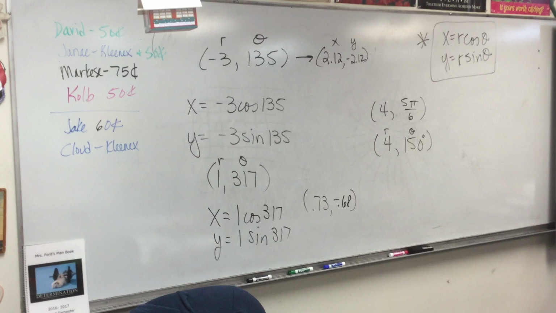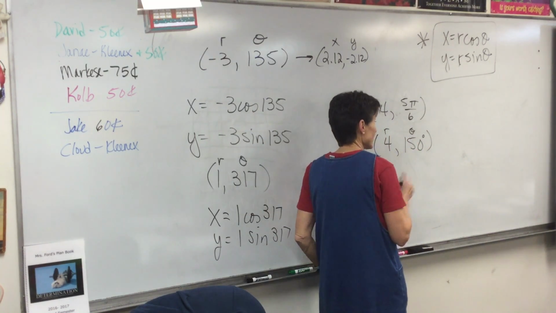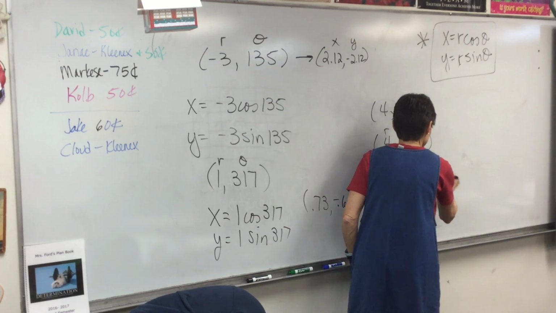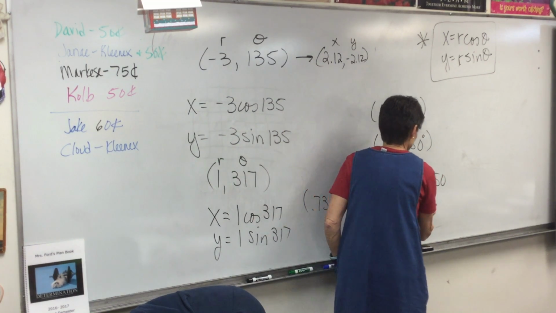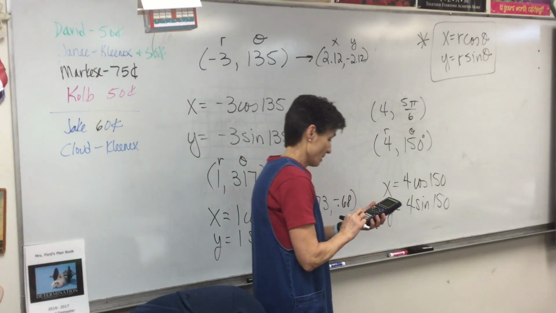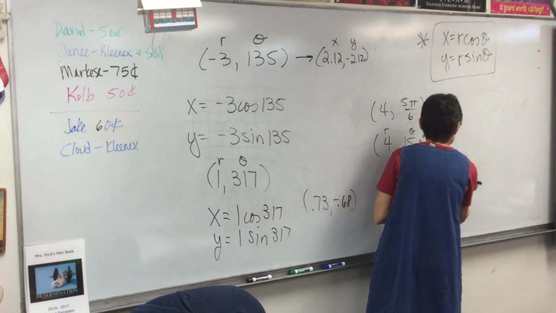Your job is to find x and y. So how are we going to find x and y? Use our formulas. And our formulas are x equals r cosine theta, for this problem 4 cosine 150. And y will be 4 sine 150. So 4 cosine 150, negative 3.46.